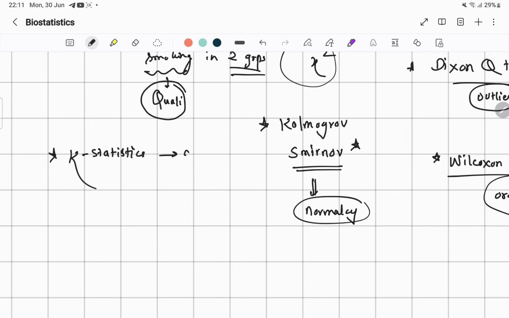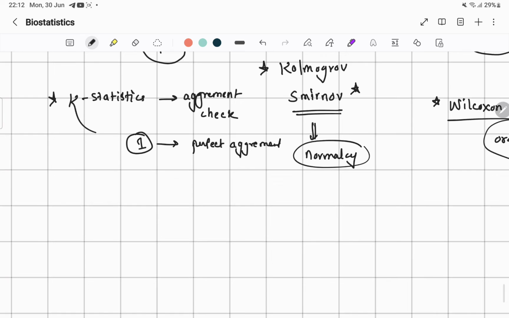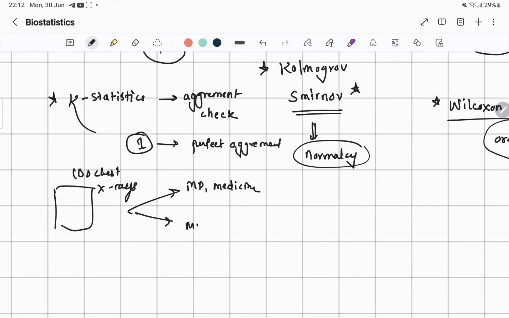Kappa statistics is basically the agreement check. If there is perfect agreement, it is one. Suppose we gave 100 chest x-rays to a medicine resident, MD medicine, and to, let's say, an MD pulmonology.